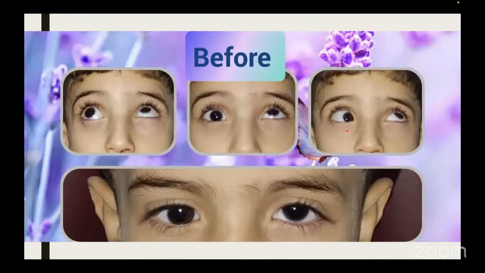Here you can see there is -4 limitation of elevation. Here, maybe -3 to -4. Here, it's -1, maybe -1.5. So the limitation of elevation is much better in abduction than adduction. So that is a case of Brown syndrome.